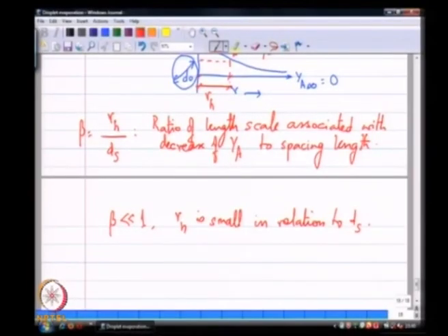This is important because when alpha is very large and beta, in this case defined as r sub h to d s, is very small, I have a regime in which I can treat an individual droplet as though it is there by itself.